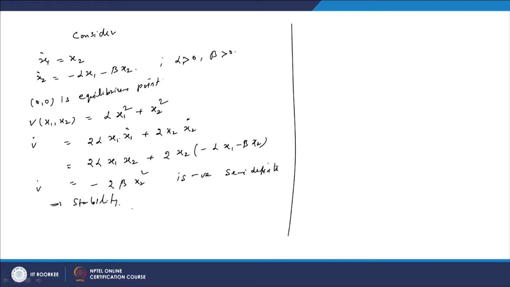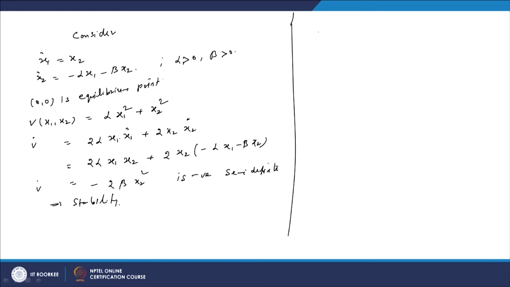Similarly, if you are not able to find a Lyapunov function, it does not mean that the system is unstable, or we cannot conclude anything about the system just because we are not able to find a Lyapunov function.